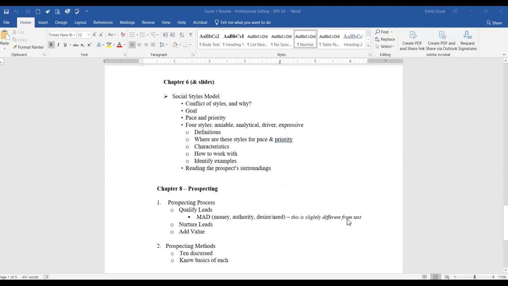Social styles model, again, slides, text, perfect resources. Also, this was on both quiz 2 and quiz 3. We went through quiz 3 in class, so you should have a really good perspective on what questions would look like and what information you need to know.